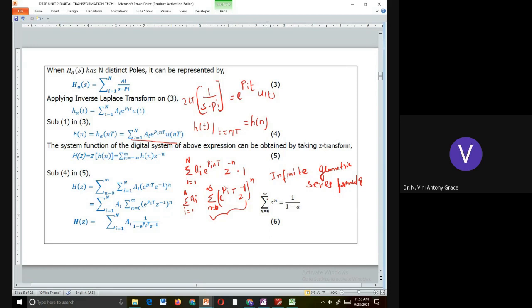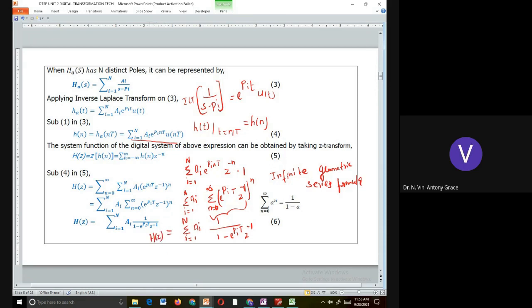It is summation n equals 0 to infinity a power n is 1 by 1 minus a. So instead of this summation, I can write summation i equals 1 to N, a i times 1 by 1 minus a. In the place of a, I have e power p i T z inverse. This will be the h of z, the final h of z.